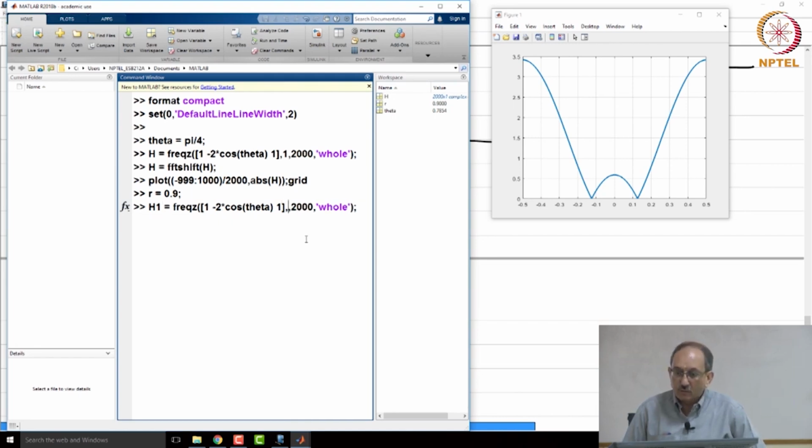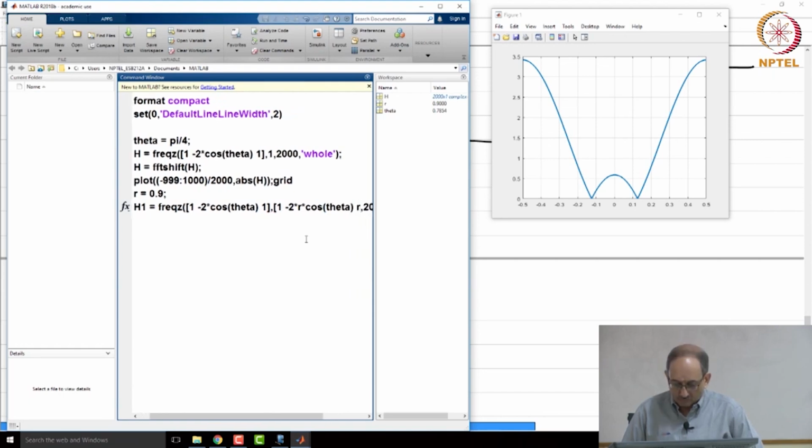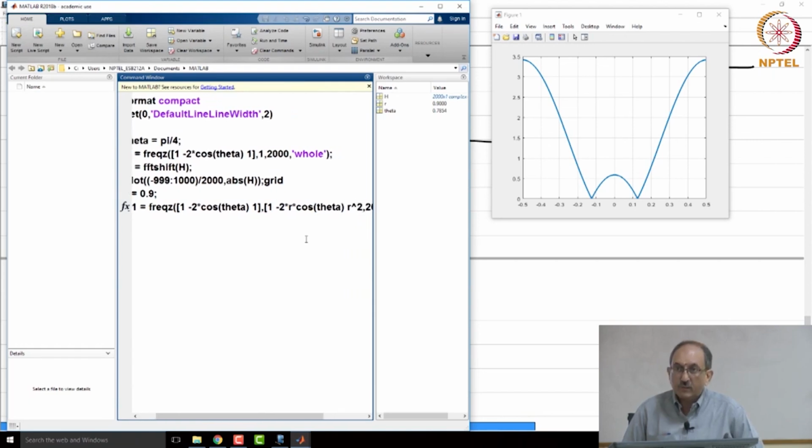The denominator is now 1 minus 2r cos theta plus r squared z to the minus 2. So the denominator is not just 1 now, it has poles at r e to the plus and minus j theta, where r is 0.9.